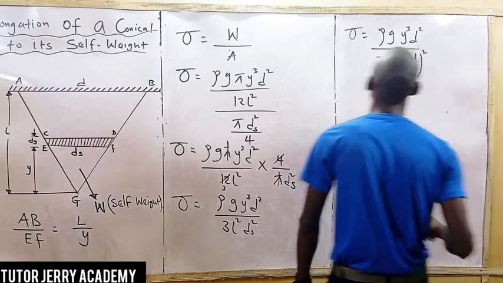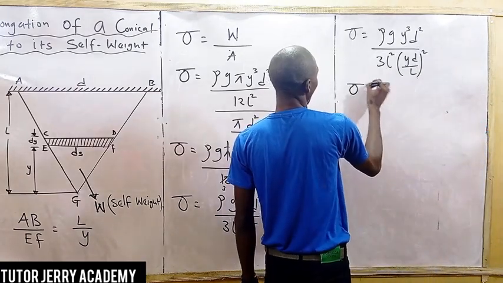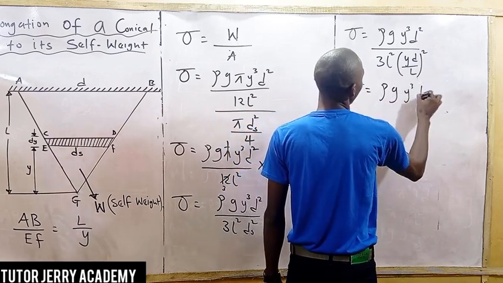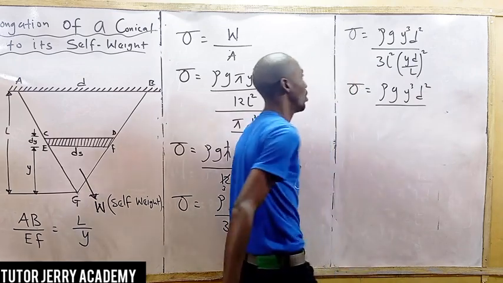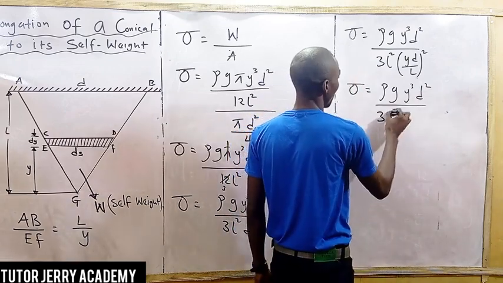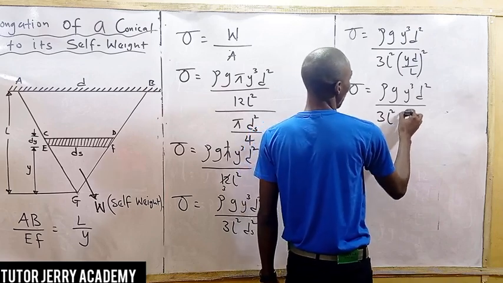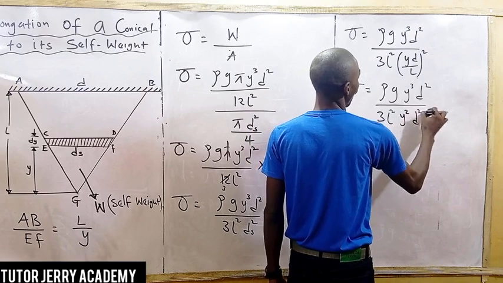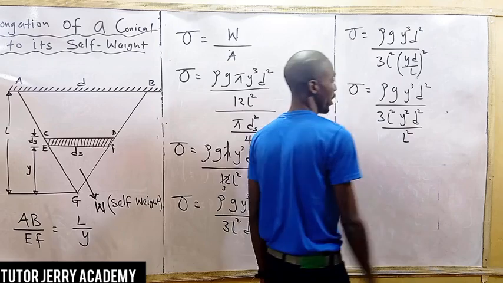All right, so from here, if I open this bracket again, I'm going to have stress equals to density, gravity, y cube all over 1. If I open this, I'm going to have 3L square multiplied by y square d square all over 1 L square.